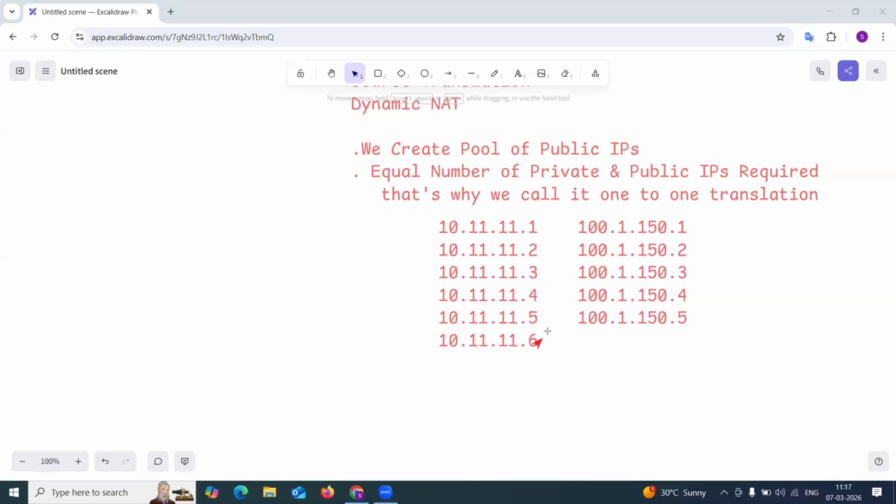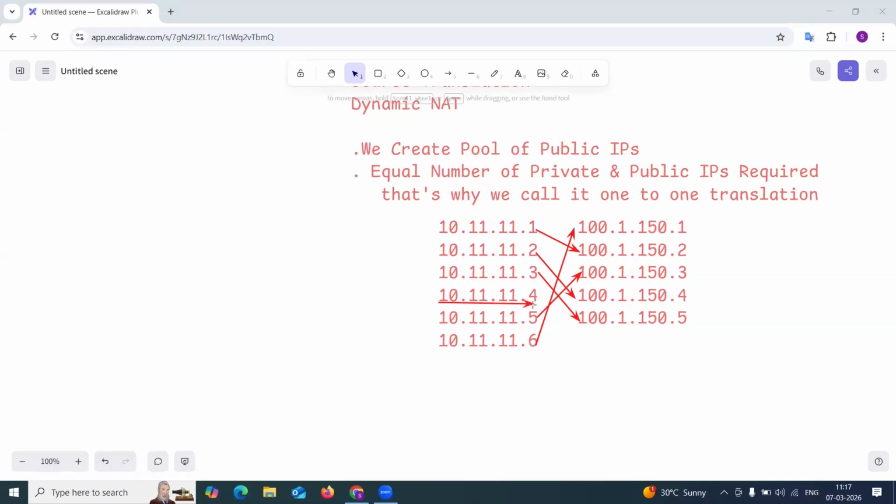Now let's say this guy is initiating a connection. It will get translated to this IP. Now this guy initiated traffic. It got translated to this available IP. Dot 5 initiated. Dot 2 initiated, and pool IPs are almost getting exhausted. Dot 3 initiated. It got translated to this IP. Now dot 4 does not have any free IP.